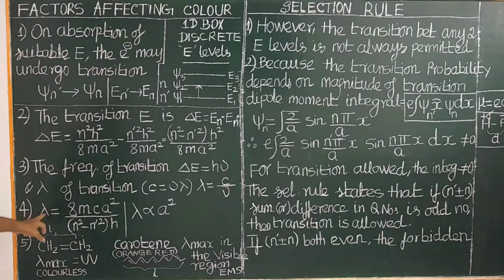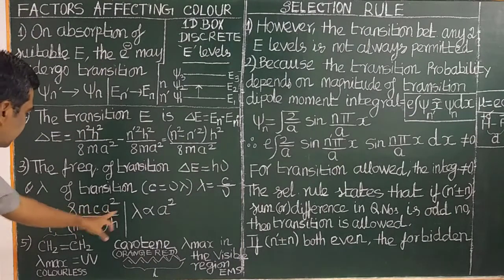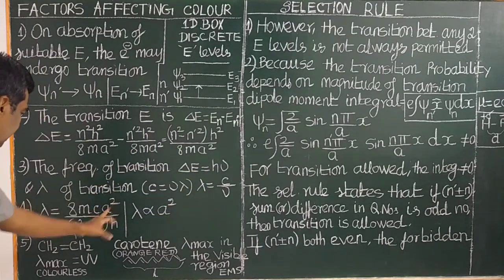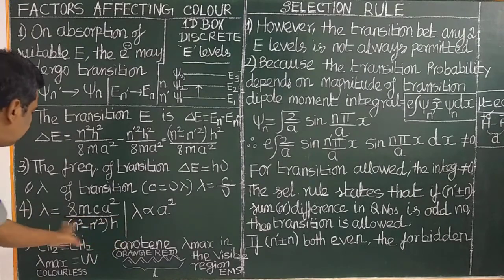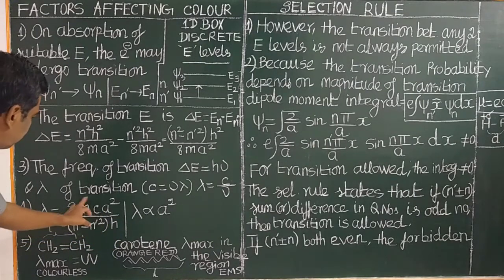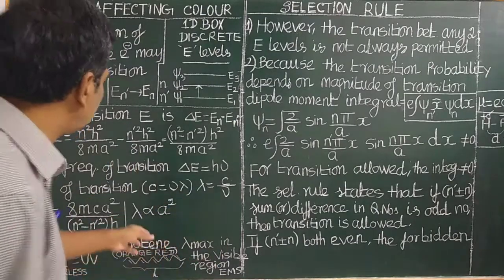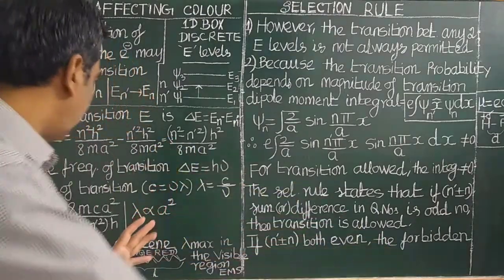Therefore lambda equal to 8 m c a square divided by n square minus n prime whole square h. Therefore, lambda is directly proportional to mass, and lambda is directly proportional to the square of the length of the box, a.